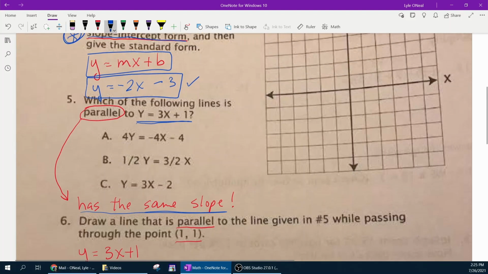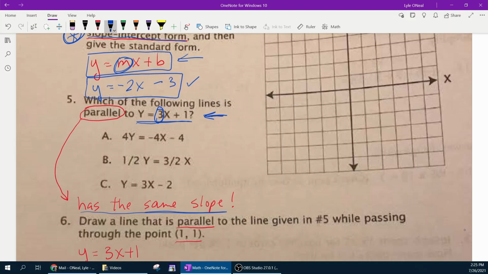And if you go back to the slope-intercept form, remember the slope is the m, which is the coefficient of x. Now the word coefficient means the number in front of the letter. So the coefficient of x in this equation is 3.